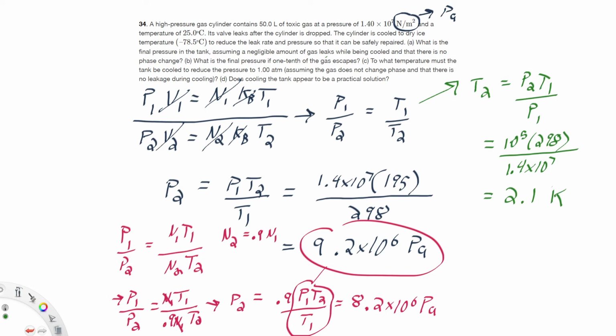FYI, this 2.1 Kelvin that we just solved for is colder than outer space. Deep space has a temperature of approximately 2.7 Kelvin, just due to all of the background radiation.